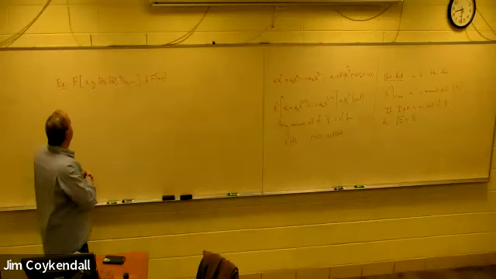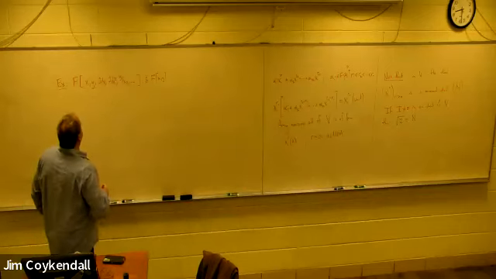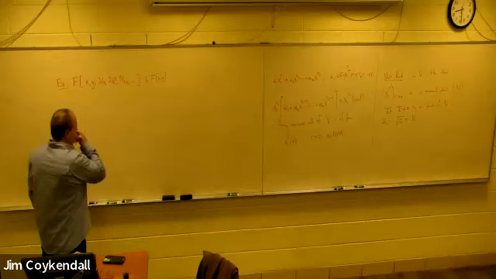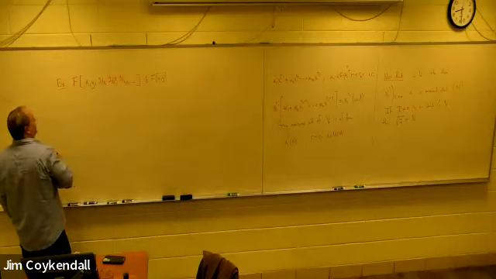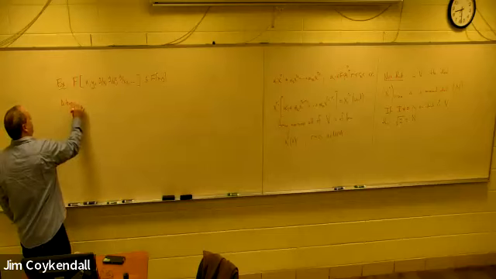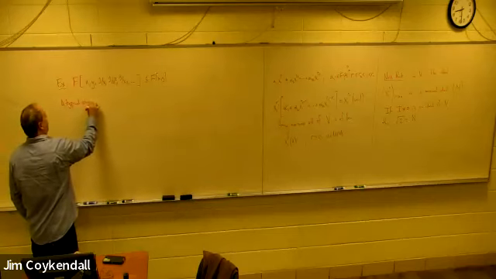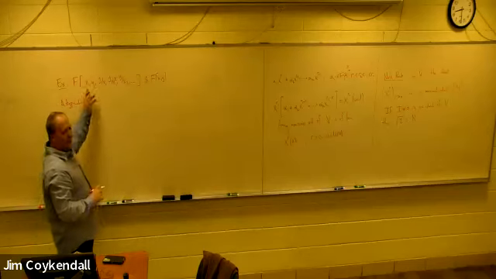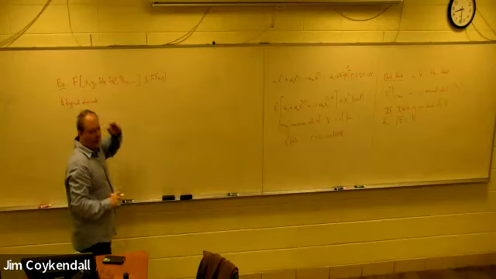Now, here's what I want to do: I want to localize at this. What does a typical element of this look like? Well, again, it's going to be a finite sum.